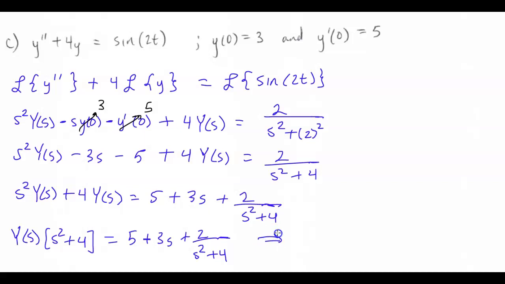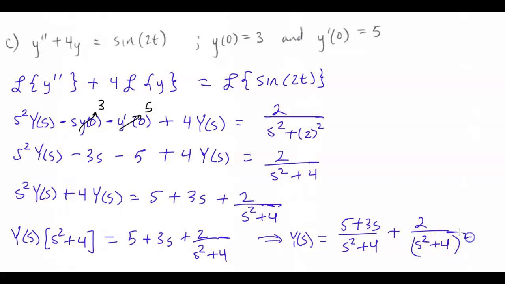And of course, from here, Y of s in this case just ends up being 5 plus 3s all over s squared plus 4, and this will be plus 2 times s squared plus 4 squared here. And so that is what our Laplace transform of this function would be.